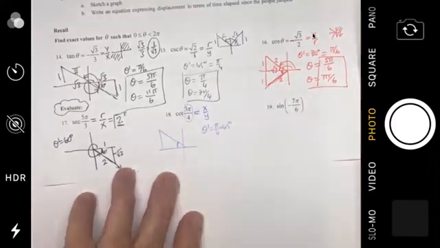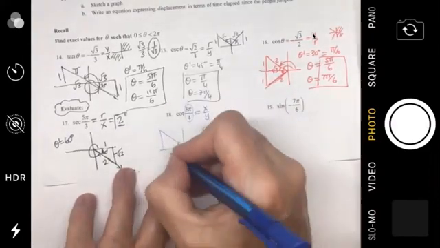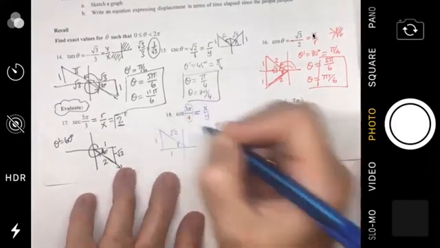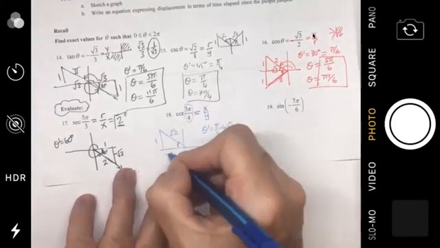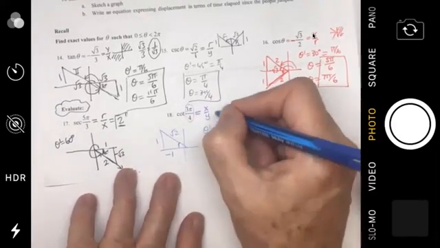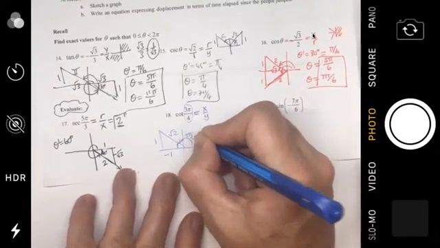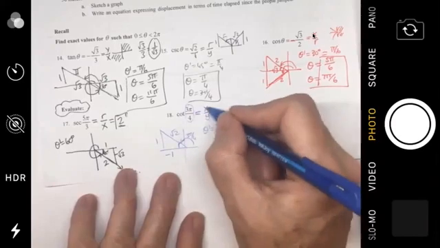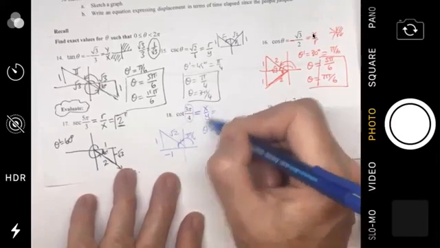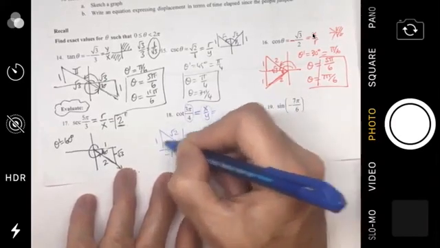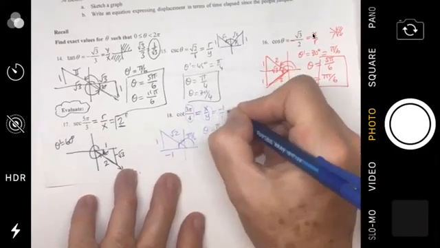So I'm just labeling this up as a 45, 45, 90, 1, 1, root 2. If I'm in quadrant 2, this x would be negative. So now I just say that was the angle here, 3 pi by 4. For the cotangent, I just want the ratio of x divided by y. My x is negative 1, my y is 1. So that's negative 1.